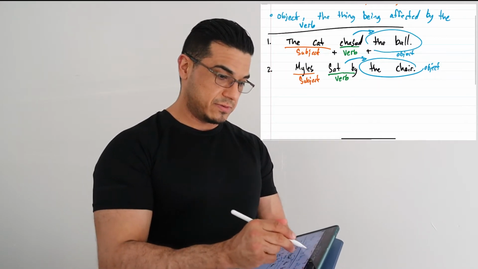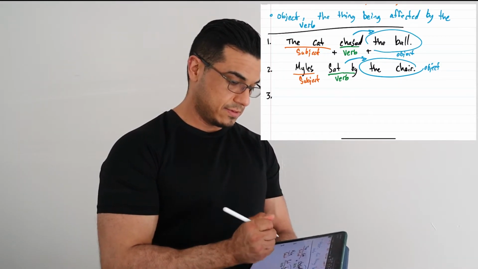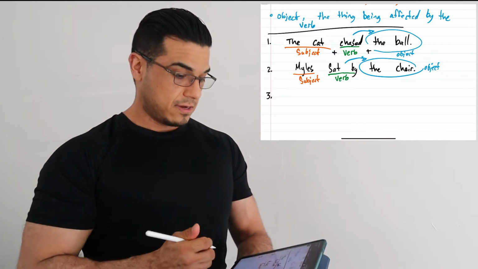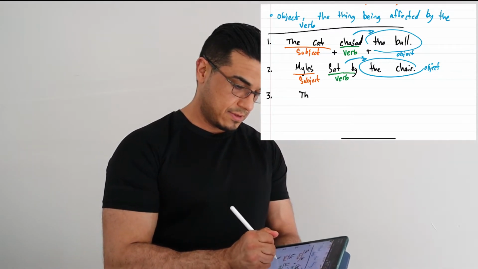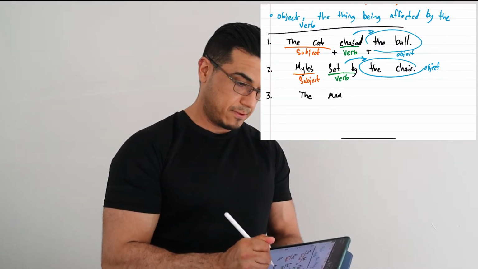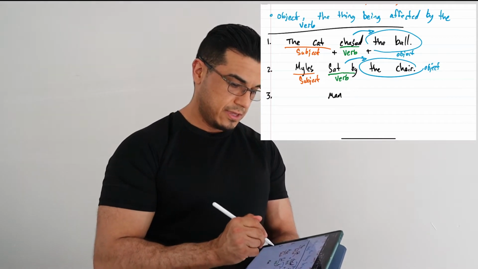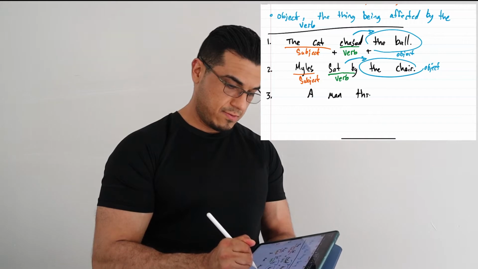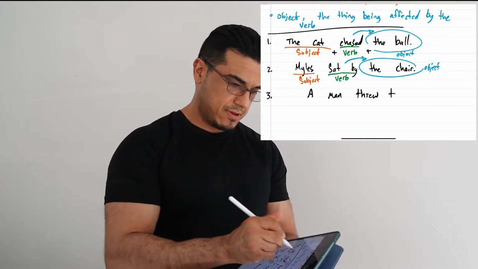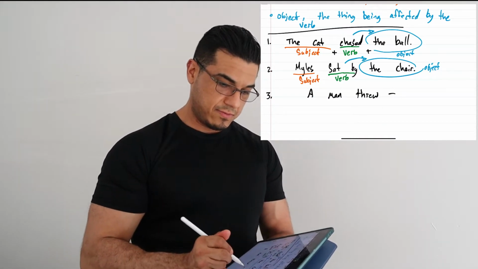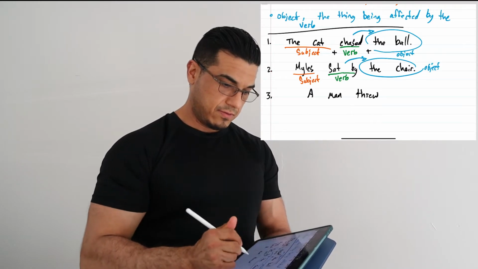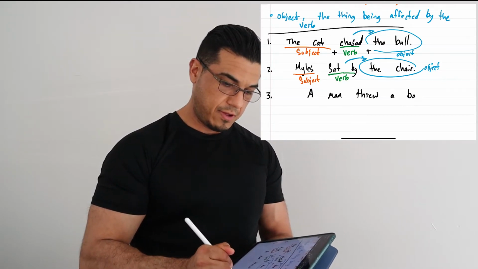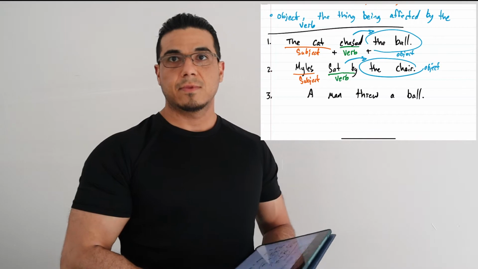And just for good measure, because all good things come in threes, let's do a third one. We could say the man, or you know what, let's go ahead and change that article. We'll say a man threw, not the, through will be consistent, through a ball, period.